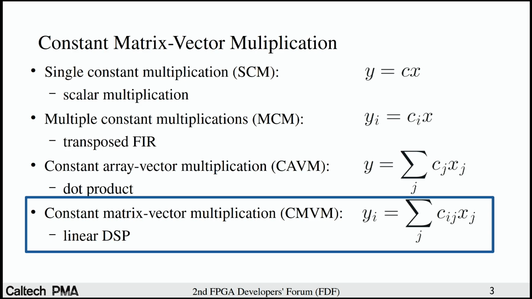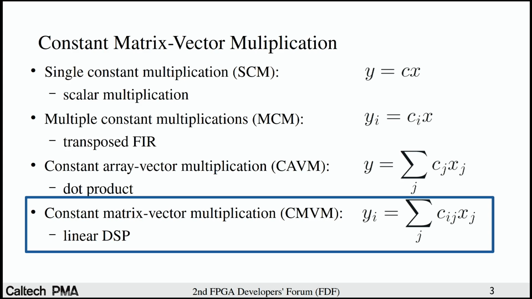There are basically 4 kinds of operations that are frequently mentioned in the context of distributed arithmetic. There is single constant multiplication, where you have a constant multiplied by a number. In this case, what you want to do on FPGA is a series of shift operations, and you just accumulate the shifted sum.